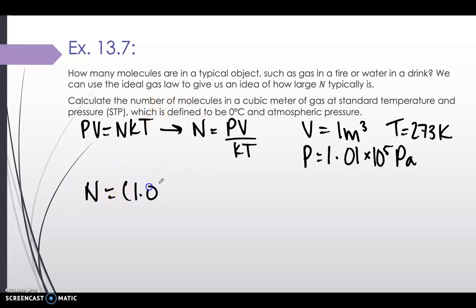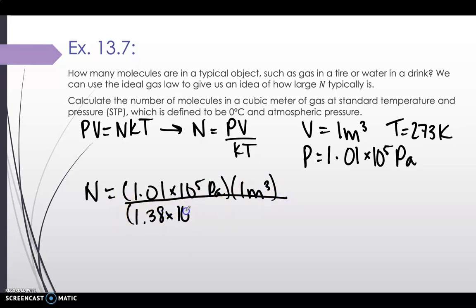So plug in our values: pressure times volume divided by k, which is 1.38 times 10 to the negative 23 joules per Kelvin, times our temperature.